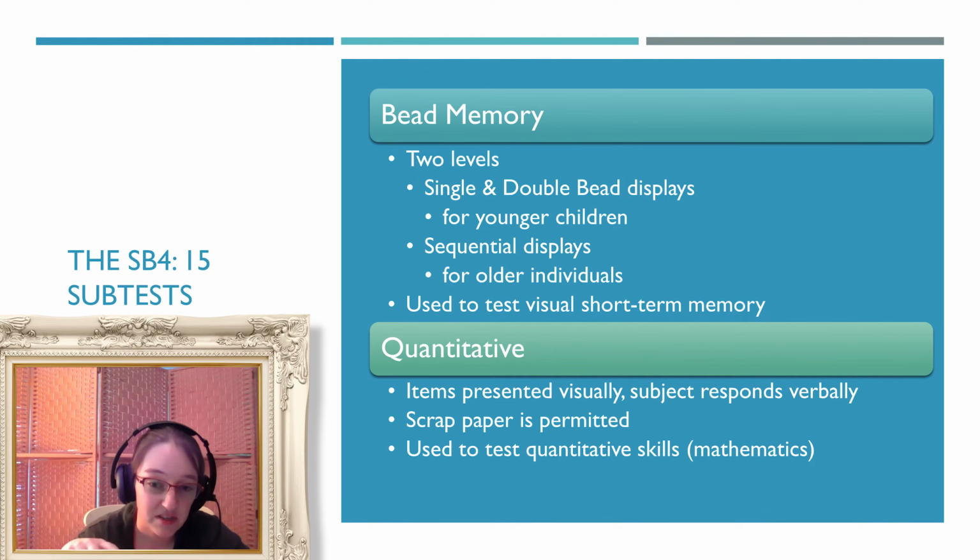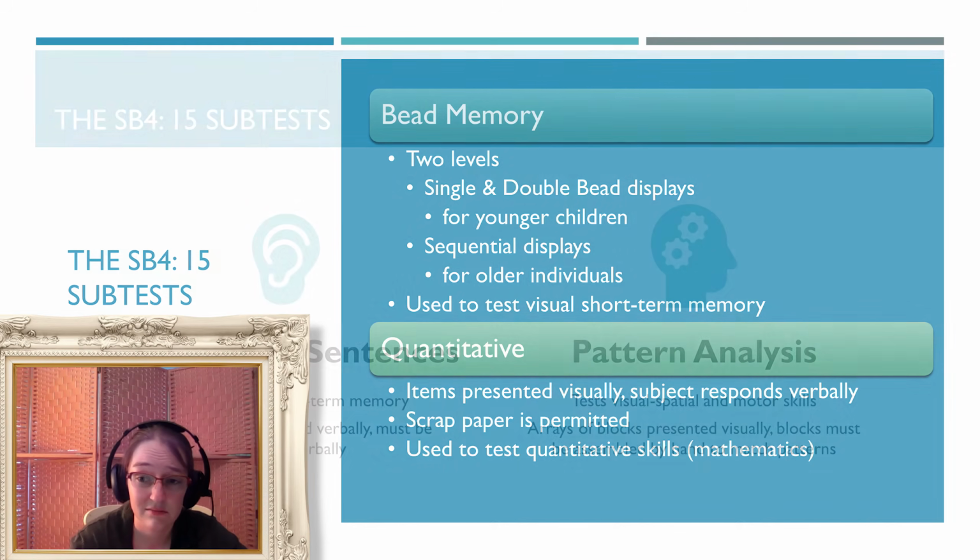You've got a quantitative piece where items are presented visually and the subject responds verbally. Scrap paper is permitted. These are used to test quantitative skills, or mathematical at the very least.